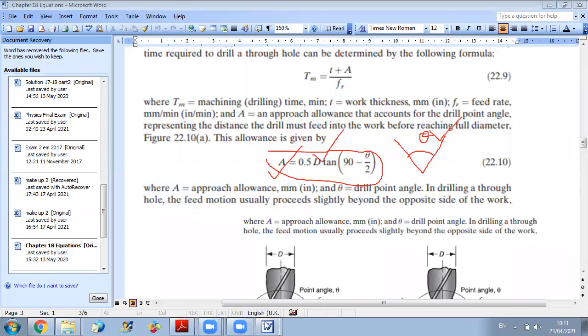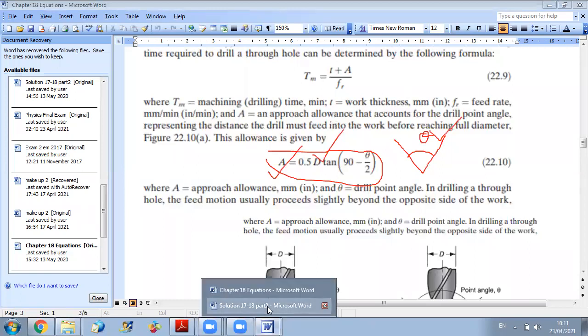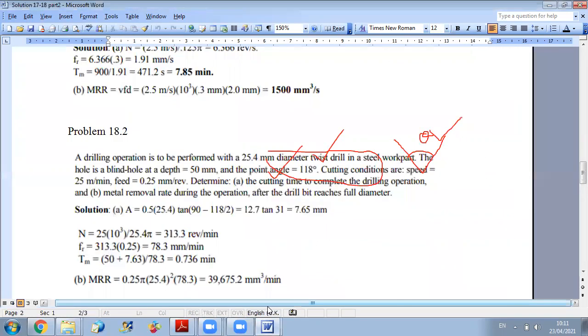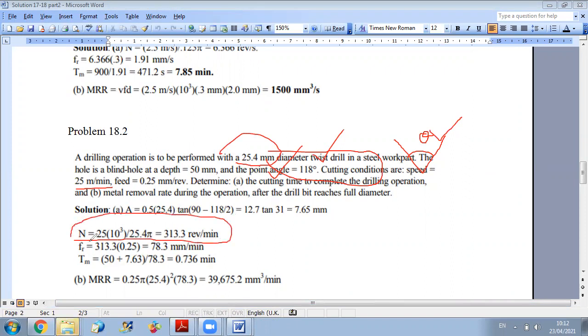So if we go back to our problem, we have the rotational peripheral velocity given by 25 meters per minute. From this velocity and knowing the value of the diameter, which is 25.4, we can calculate the number of revolution per minute required to perform the operation. And once we have the value of n, we can then calculate the feed rate.